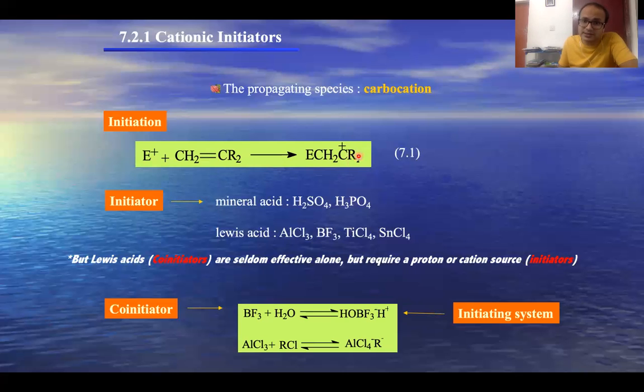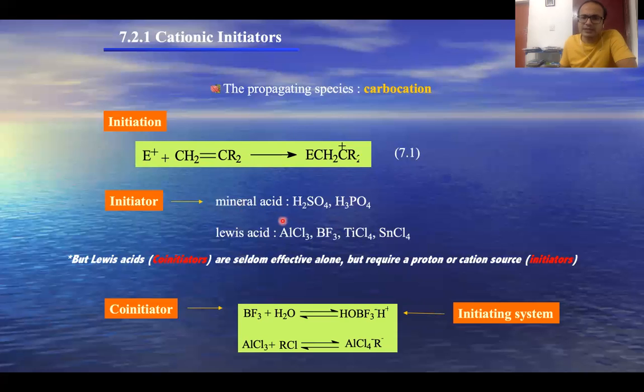So this R group, which stabilizes the corresponding ions, be it a cation in this case or an anion in anionic polymerization, is essential. If it is not stabilizing, then the reaction won't proceed with ionic polymerization. That is why we have a very limited number of vinyl monomers which we can use for carrying out ionic polymerization.